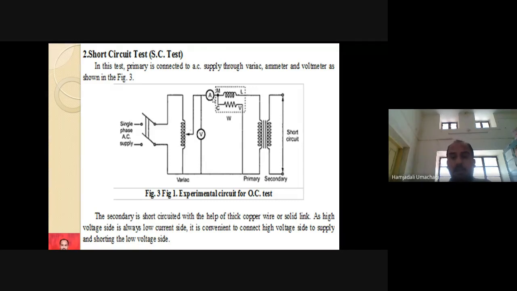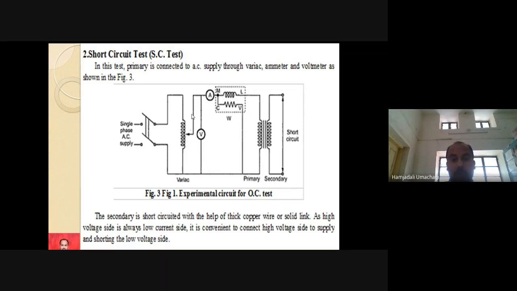Because of that, we call the short circuit test a reduced voltage test. Whereas in the open circuit test, we apply rated voltage, because the secondary is open there. But now the secondary is short circuited and carrying rated current. So we need to make sure that the current carried by this transformer is the rated current, and to check that value you observe this ammeter.